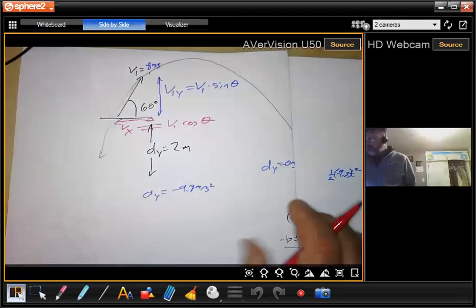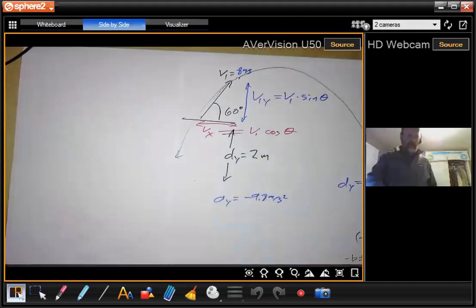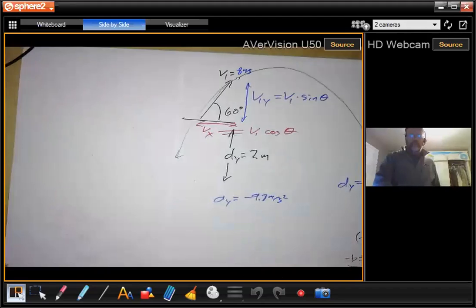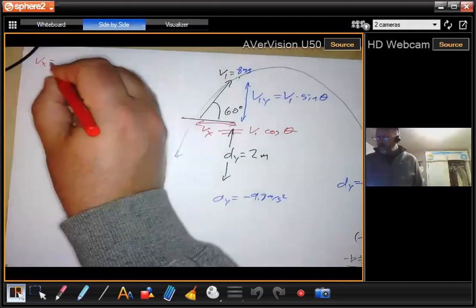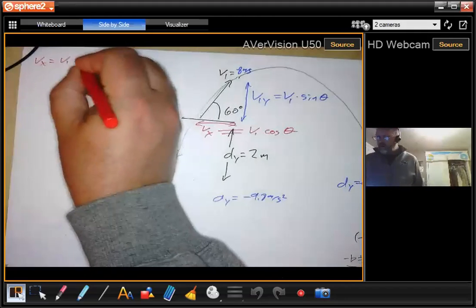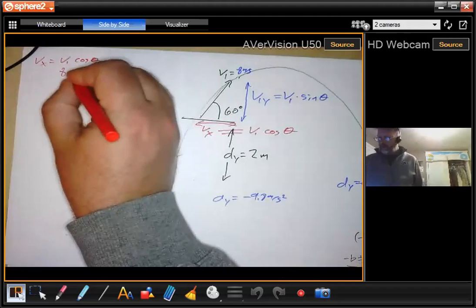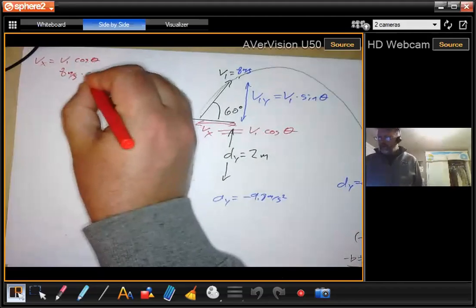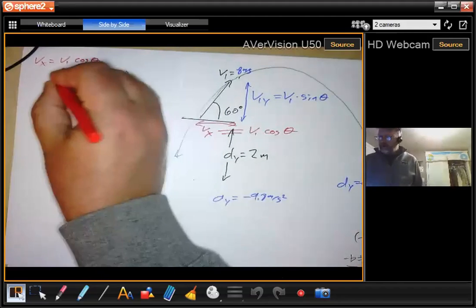Okay, so let's work with some of that. All right, so we're going to have v of x equals v1 cosine theta, where v1 was 8 meters per second times the cosine of 30 degrees.